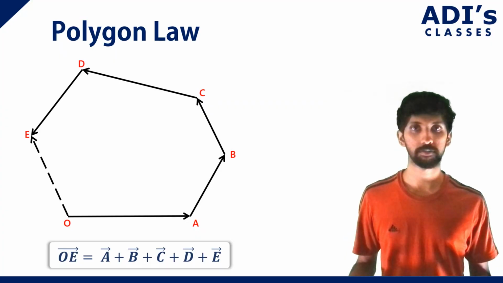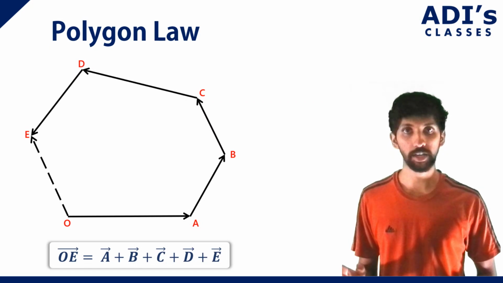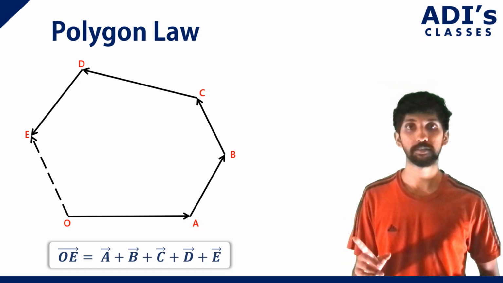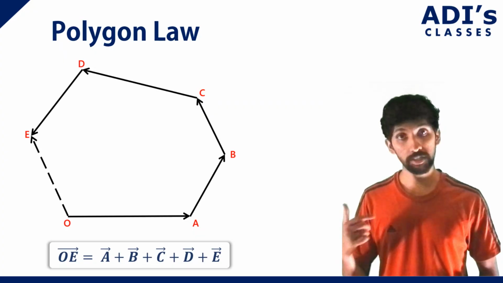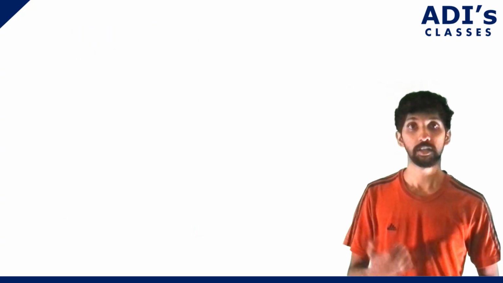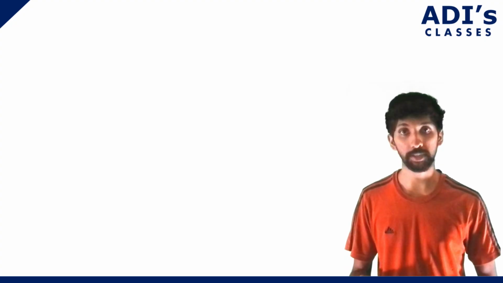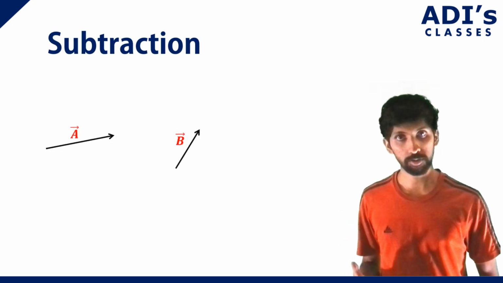Now comes subtraction. Very easy for subtraction. You have vector A, and then you have vector B. Now for vector B, if you do minus B, it changes the direction. Correct? It changes the direction. Here is your vector A, your vector B, and this becomes minus B. Now use the triangle law.